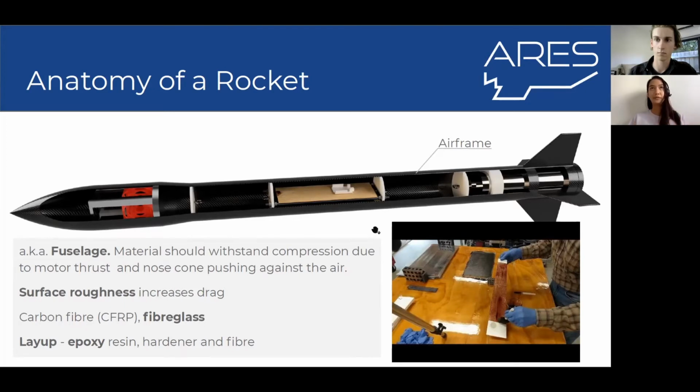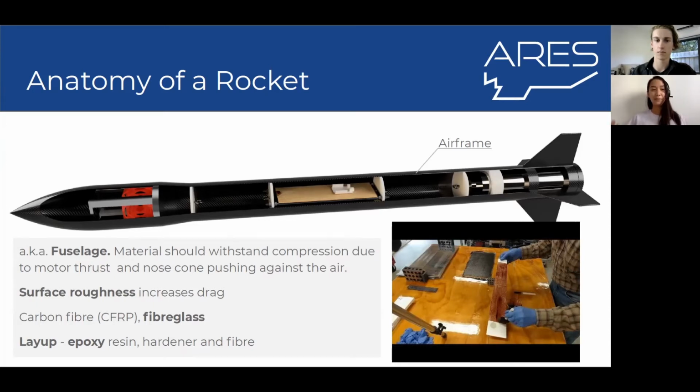That's one method to create a composite of the carbon fiber: lay the fabric of the carbon fiber and then lay the epoxy resin on top, and then you keep doing that, kind of like papier-mâché, and you do it on top of a mold, and that can help form the airframe.